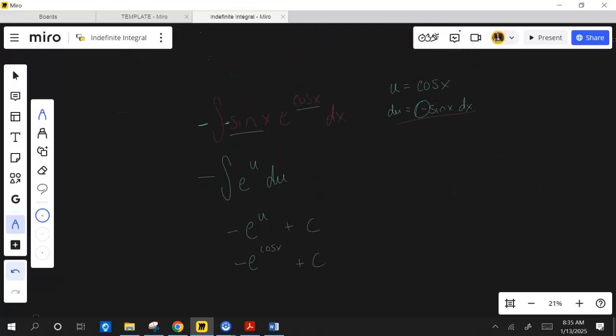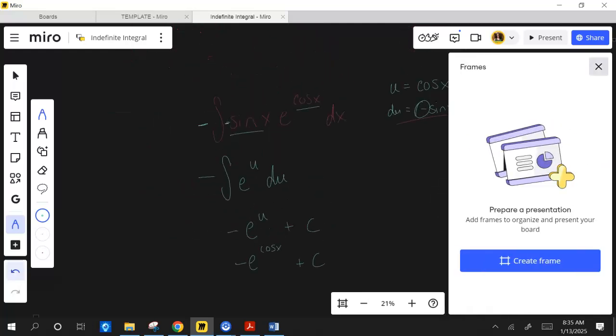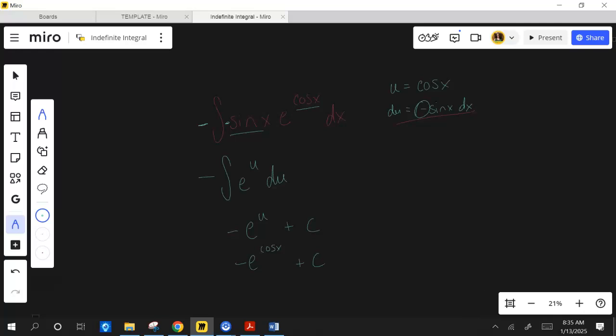Because du is negative sine x. Okay, let me rewrite this and show you, because several of you are asking where some of this came from. Times negative sine x dx. If I just change the order it's multiplied, I just flipped it around.